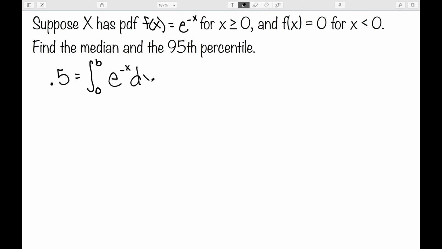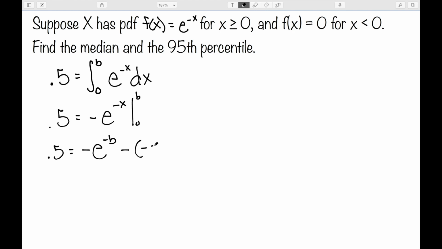This is the integral of e to the negative x dx, since probability is given by the area under the PDF curve. Well, this integral is negative e to the negative x, taken between 0 and b. So we have 0.5 is equal to negative e to the negative b minus negative e to the negative 0. Well, e to the 0 is 1, so this would be 1 minus e to the negative b.